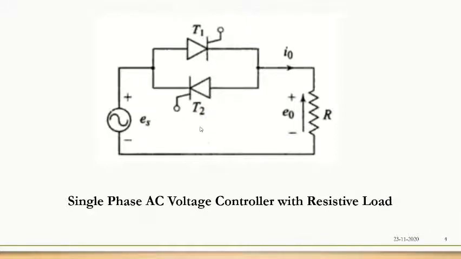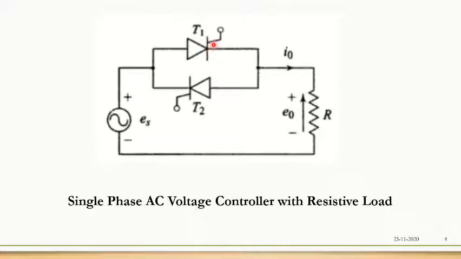If you recall the operation again, in the positive half cycle, T1 will be forward biased. After you give a gate signal, a triggering signal, T1 will start conducting.